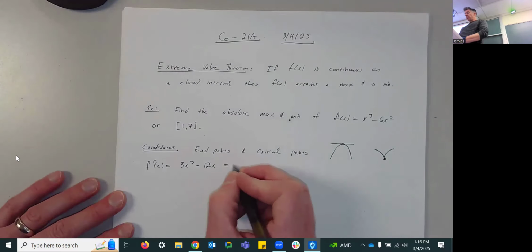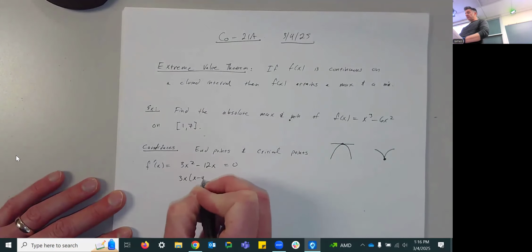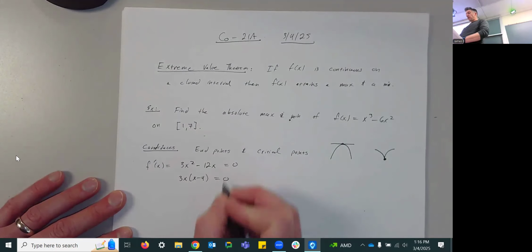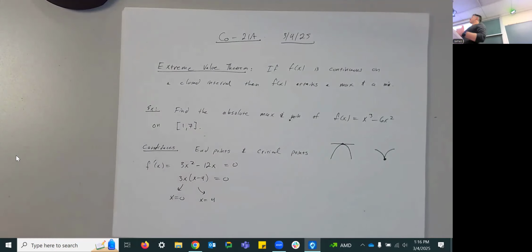We're going to set that equal to 0. We're going to factor out a 3x times x minus 4. And our critical points are going to be x equal to 0 and x equal to 4. Those are places where we might have a maximum, might have a minimum. And again, here we're talking about absolute or global extrema, not local. We'll get to that in a little bit.